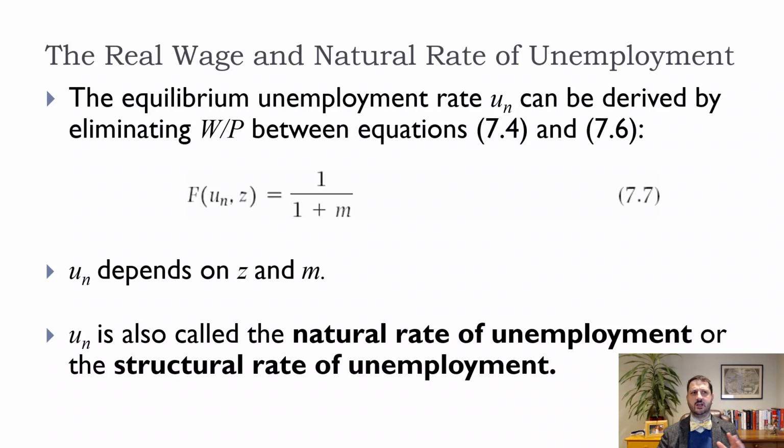And what we'll see in a couple chapters is that this is the unemployment rate that is consistent with sort of constant inflation, right? No change in inflation. Inflation isn't going up or down.